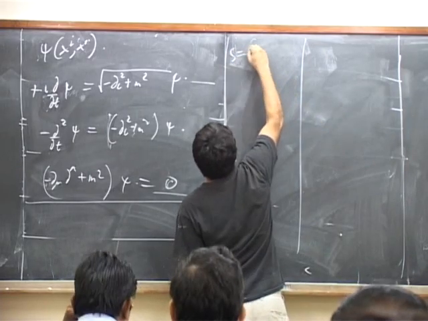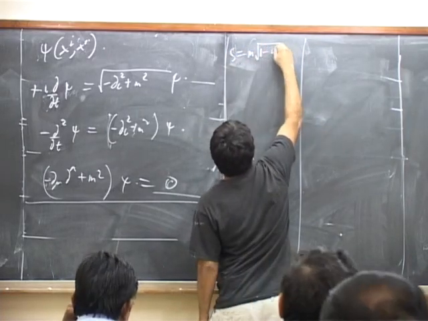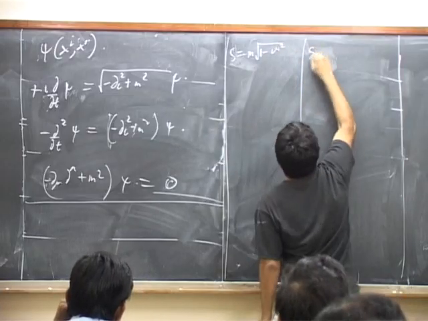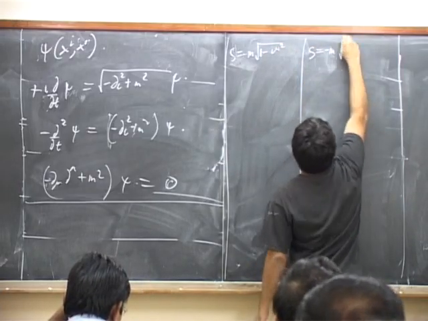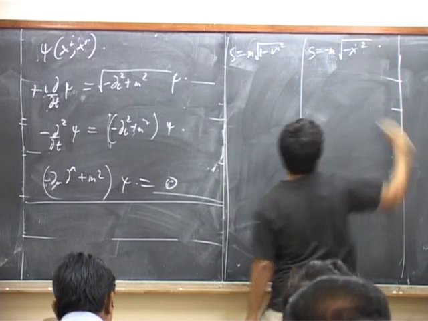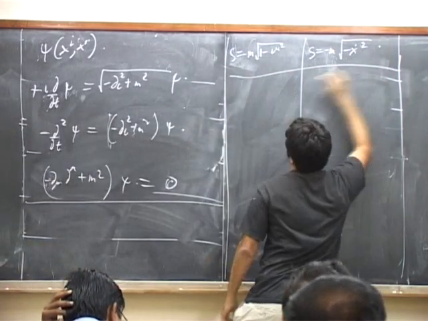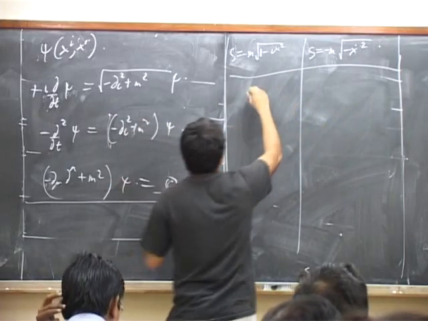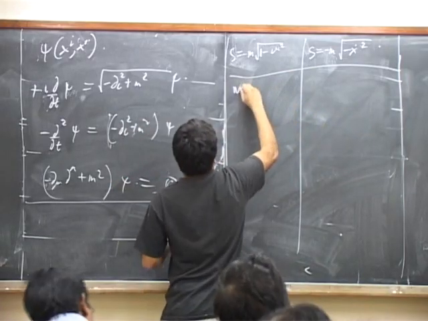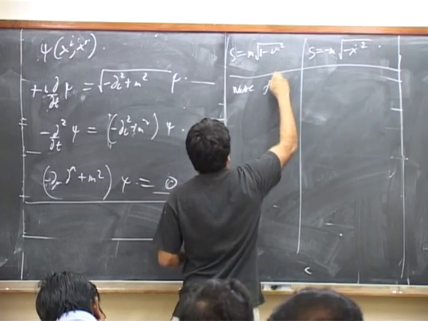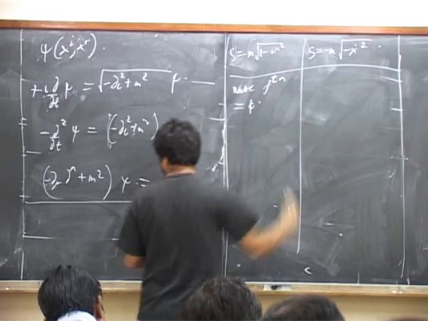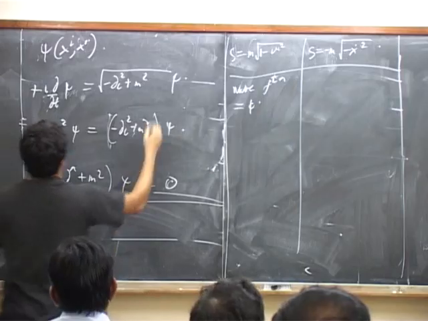There's physical, so S is equal to minus m integral square root of 1 minus v squared, and then S is equal to minus m integral square root of minus x dot squared. We got a wave function in doing the quantization here. Let's give it different names. Let's say the wave function is equal to phi. I'm sorry, I called it psi here, but I'll change it.